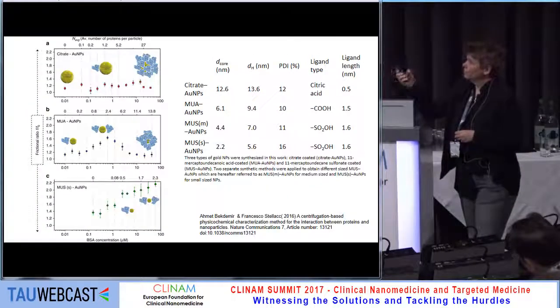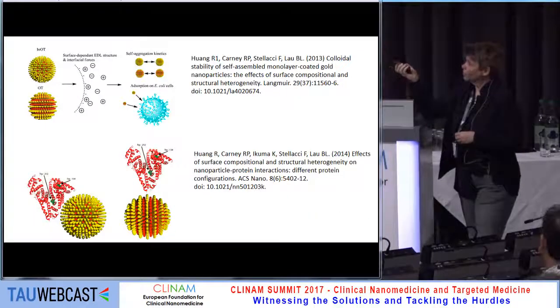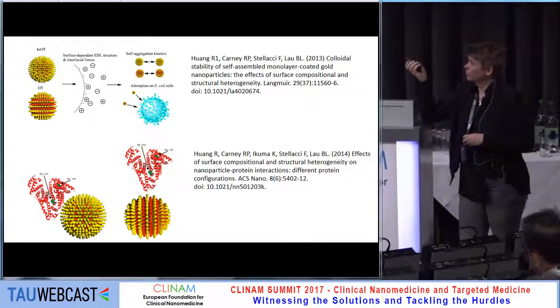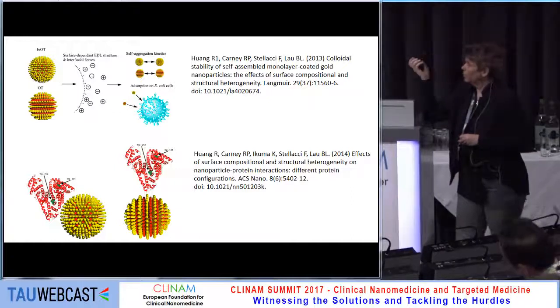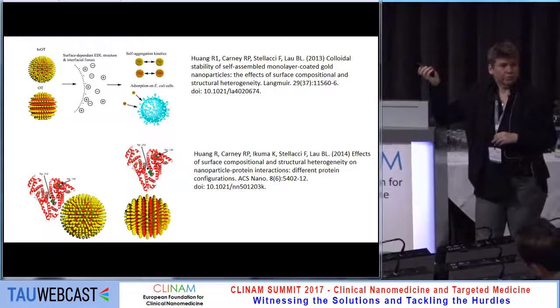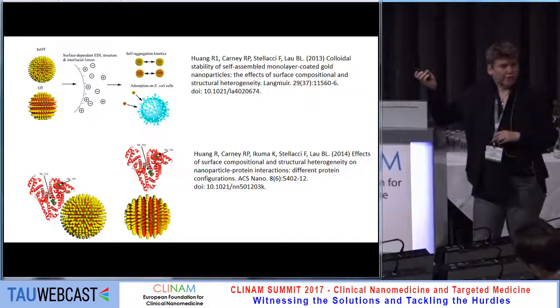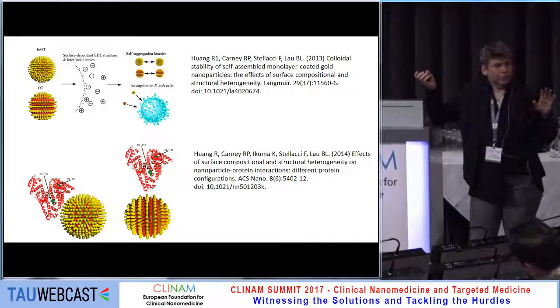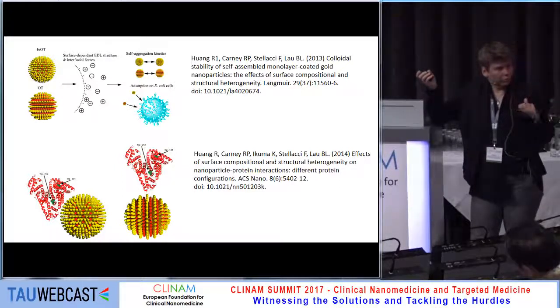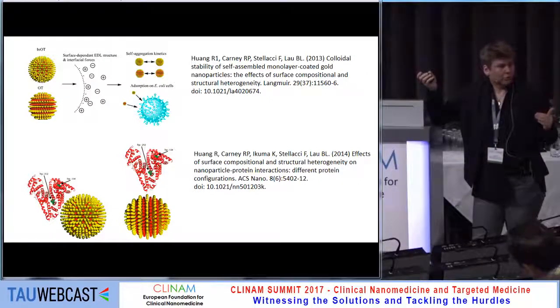First, due to the surface structure, the human serum albumin, or in this case I think it was bovine serum albumin, is binding in a different way. There is no denaturation of the proteins, and there is a very low binding affinity of the proteins to the particle surface. So it looks like only a soft corona is binding and not a hard corona.